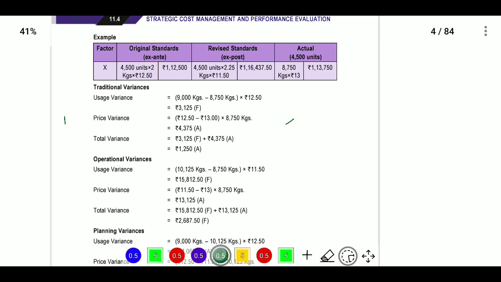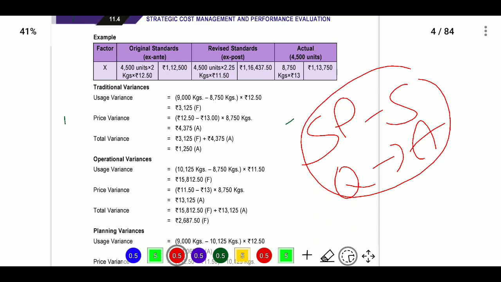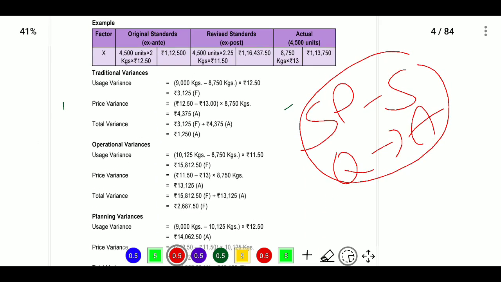See, for the thumb rule, the selling price will be standard, and quantity will be actual. Next, we will see the usage variance. First, for usage variance we will not consider this one. For operational variance, we look at actual performance against what was revised.